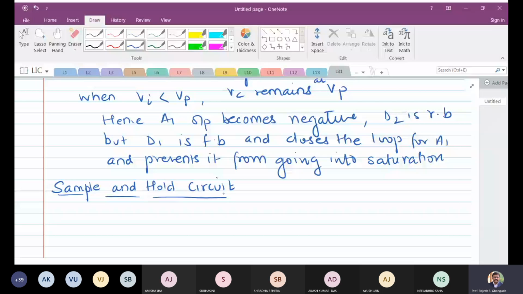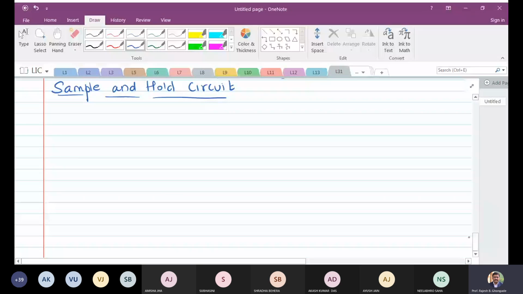And you will be pleasantly surprised that it is just a small modification of our peak detector. Okay, here it goes.